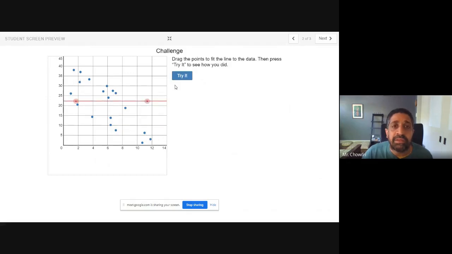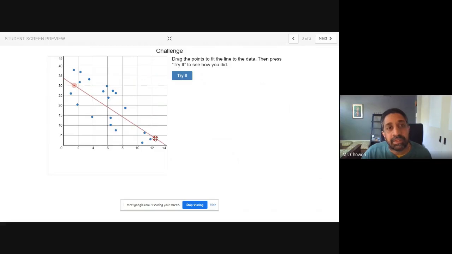And if I went like this, and I did try it, it's probably not going to be really that great because, look, these are going down and I made a flat line. And if I went up, it's also obviously going to be terrible because I'm way far away from these dots down here. So what I want to do is create a line that is kind of in between all of that.